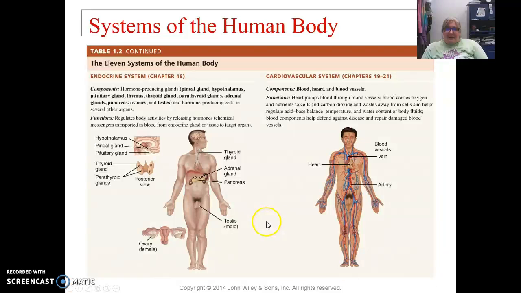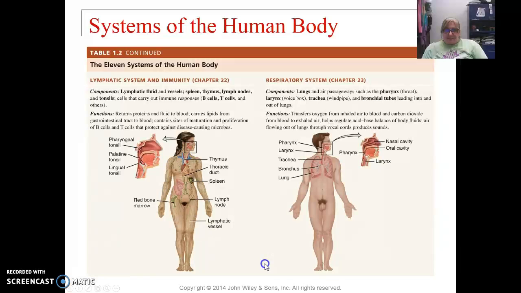It helps in maintaining metabolic processes of the body and carries out reproductive processes. The cardiovascular system is composed of the heart, blood vessels, as well as blood, and its main function is to carry nutrients to our cells and then carry waste products away from our cells.